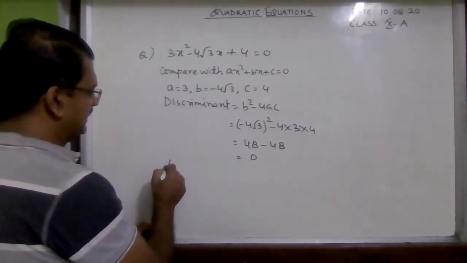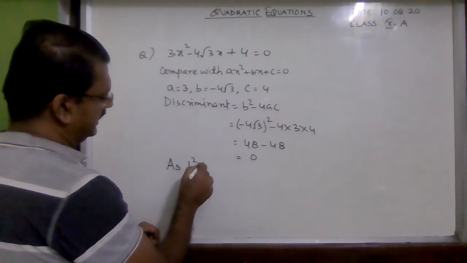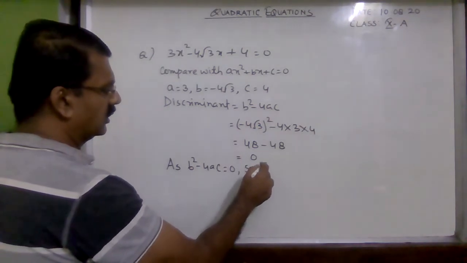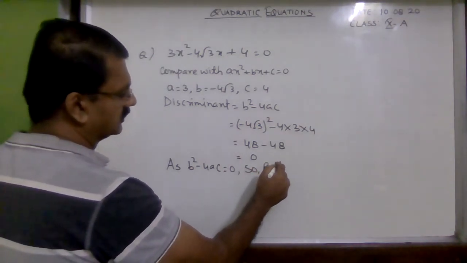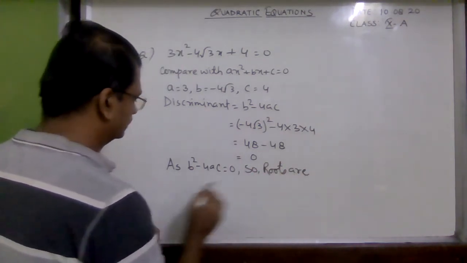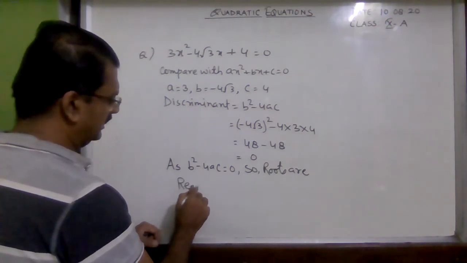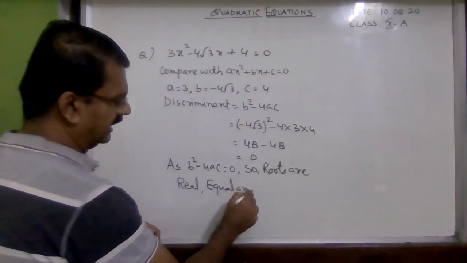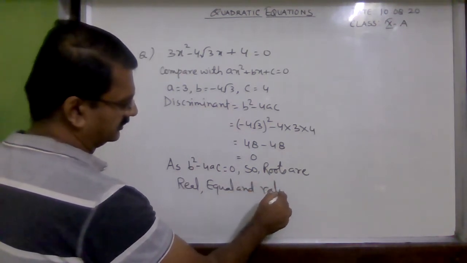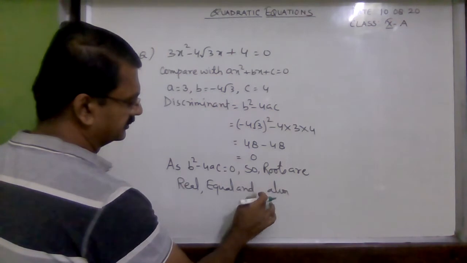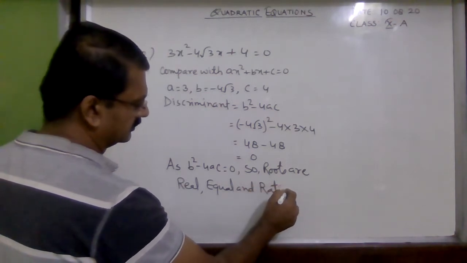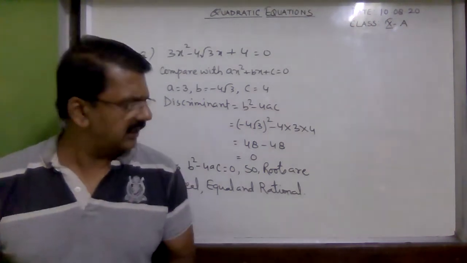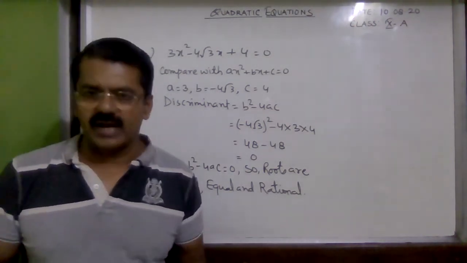So as b² − 4ac = 0, roots are real, equal and rational. Okay, the roots are real, equal and rational.